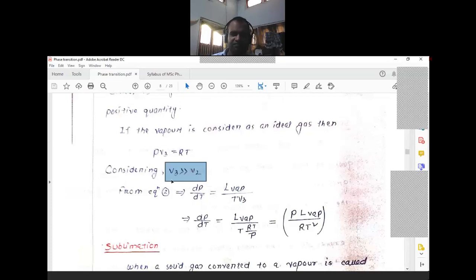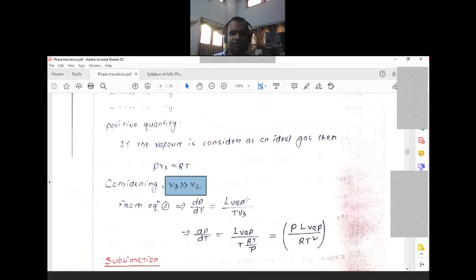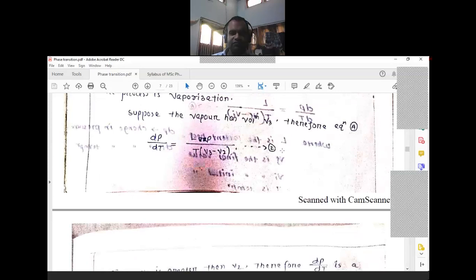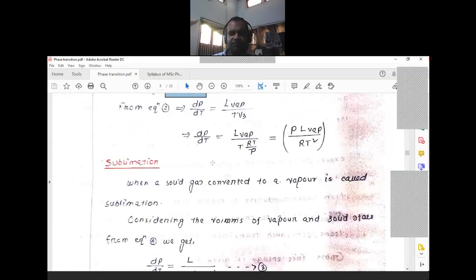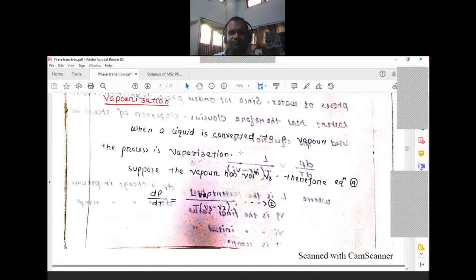So what is an ideal gas? The definition is: if the equation of state is like this, PV equals RT, then the gas is an ideal gas.